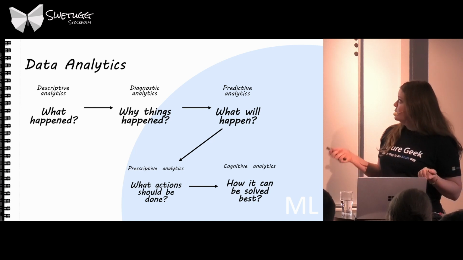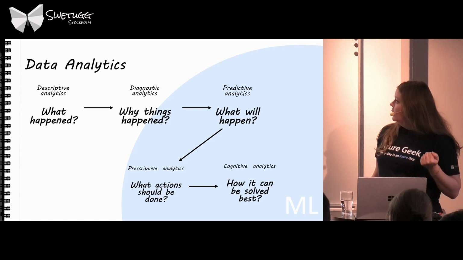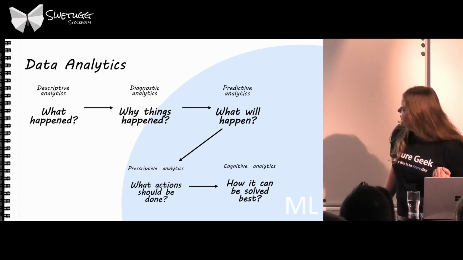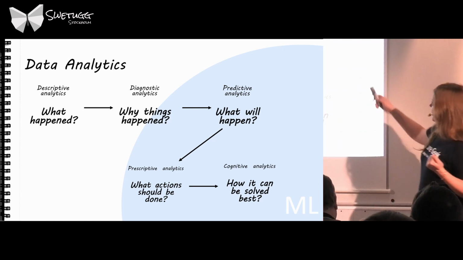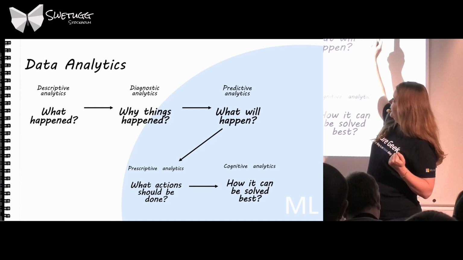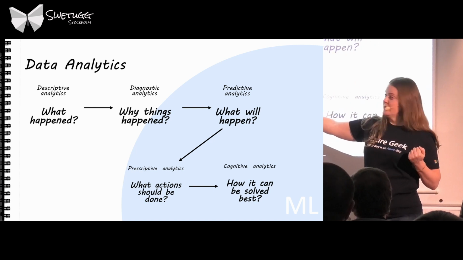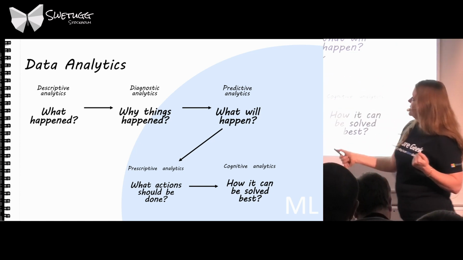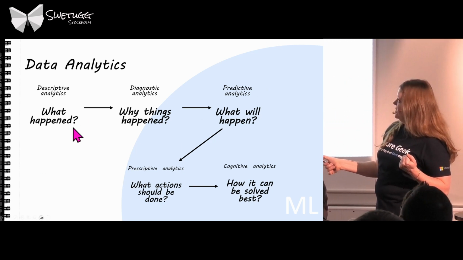Next step is predictive analytics. What will happen? I actually had a nice circle showing where we use machine learning techniques. These earlier steps are simple. These steps are using statistical techniques.